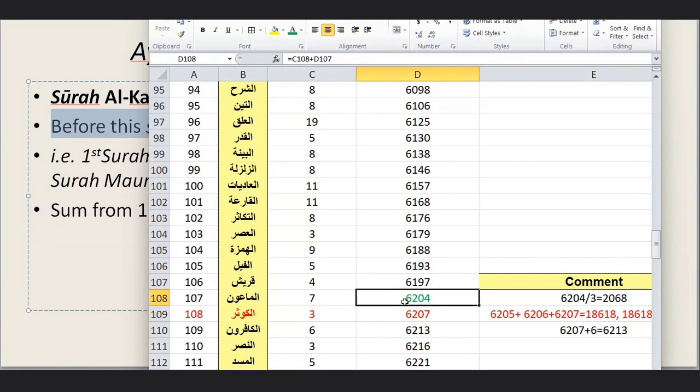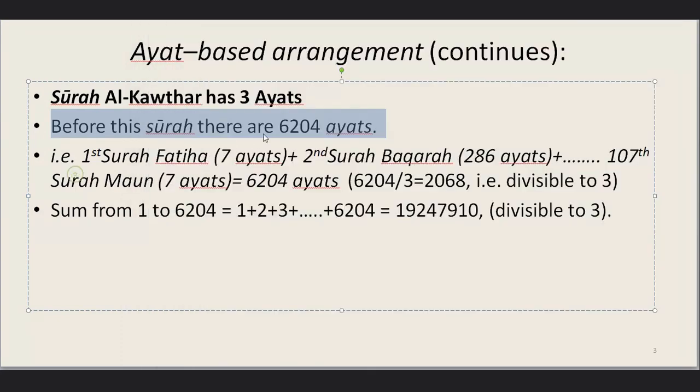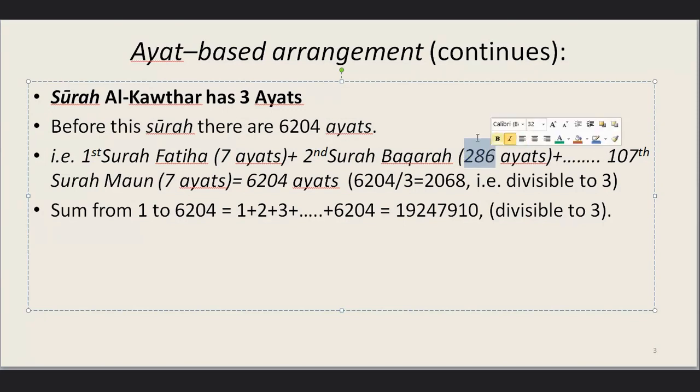The total summation before Surah Al-Kawthar is 6,204. That means Surah Al-Fatiha has 7 ayats, Surah Baqarah has 286 ayats, and Surah Al-Kawthar is the 108th surah.